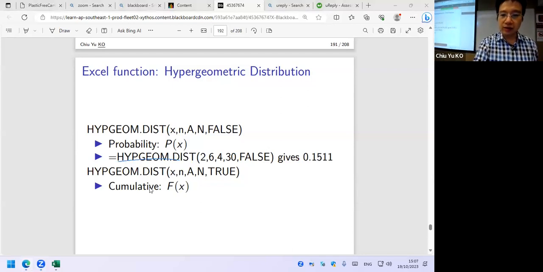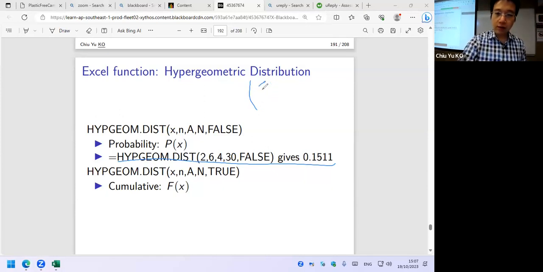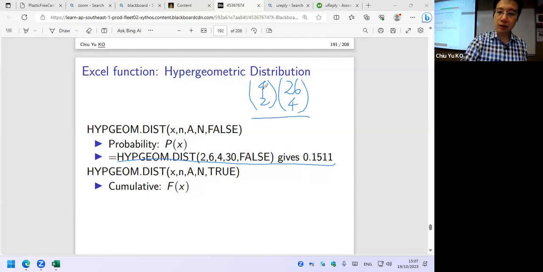Remember, this is actually doing, you can verify, out of 4 you have 2, and out of 26 you got 4, over 30 choose 6.